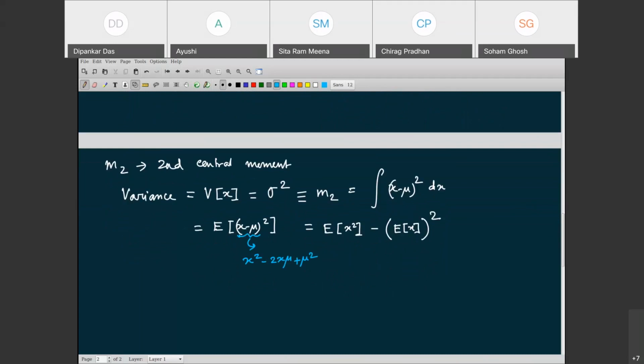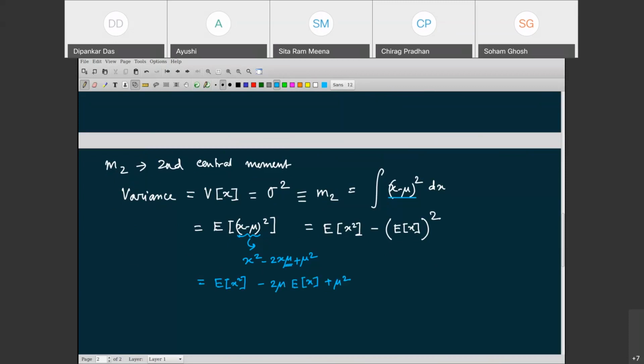Then the expectation value by definition is just this integration. So if you expand, you are taking the expectation value of individual things. So this becomes the expectation value of x square minus 2 mu times the expectation value of x, since mu is a constant, plus mu square, because the expectation value of 1 is already 1.